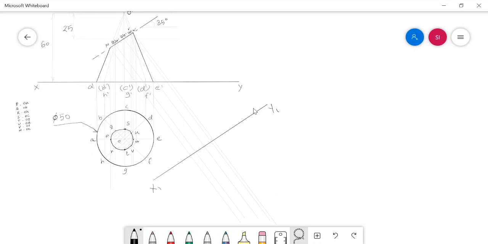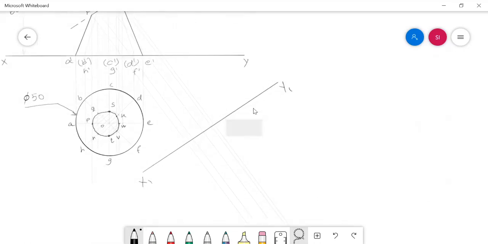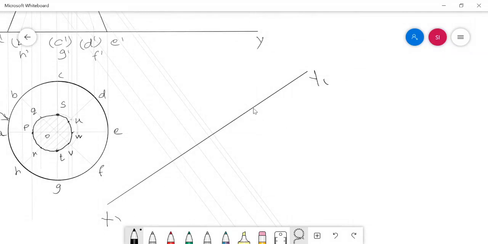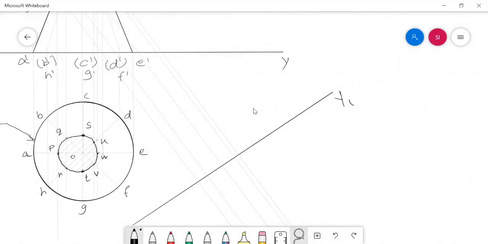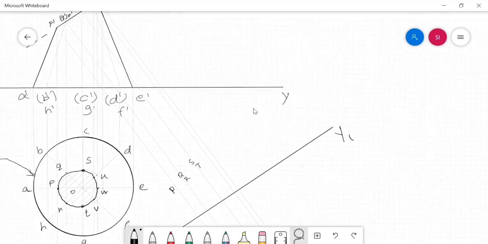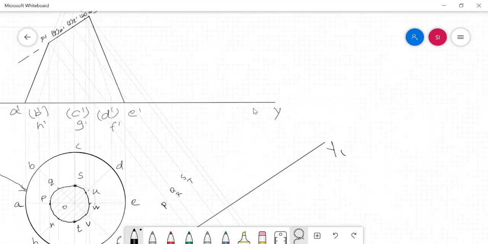Here for our understanding purpose I am marking the projectors of the cut points, that is this is the projector of the point P and this is for Q and R and this is for S and T. You need not mark the same in your answer sheet. Just for your understanding purpose I am marking them here. This projector is for U and V and this is for W.